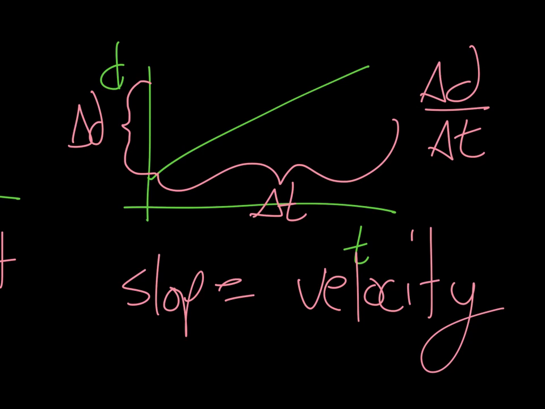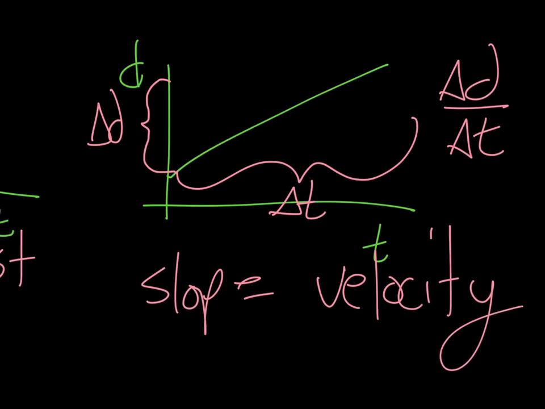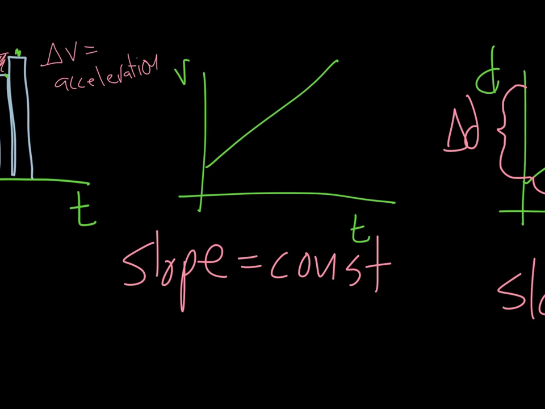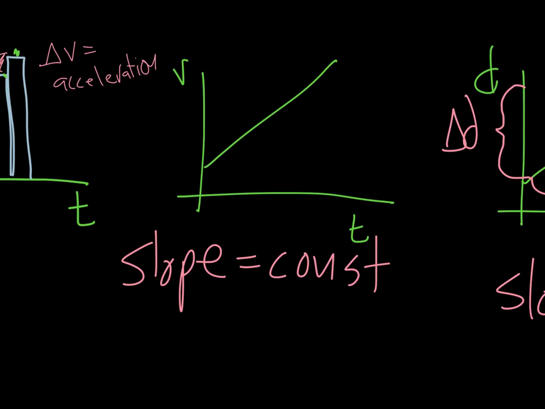We have a change in distance over a change in time. That gives us a slope on a distance time graph, and we called that velocity. Change in distance over time is velocity. So if I go back to my velocity time graph, if I have a change in velocity over a change in time, what do I have?